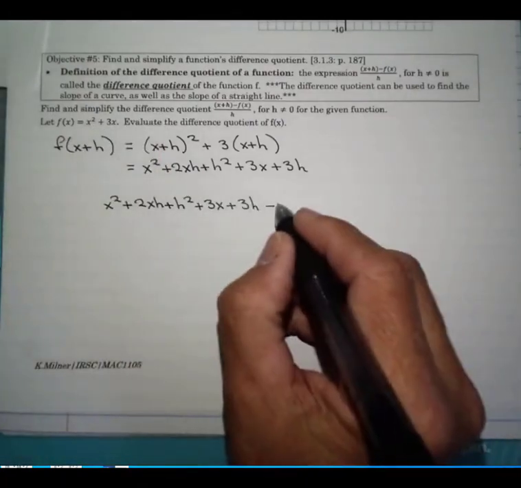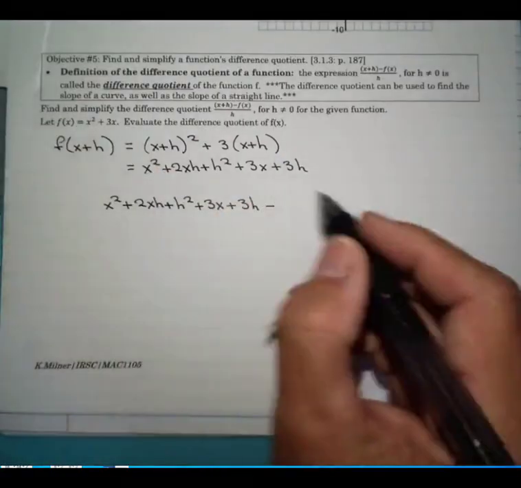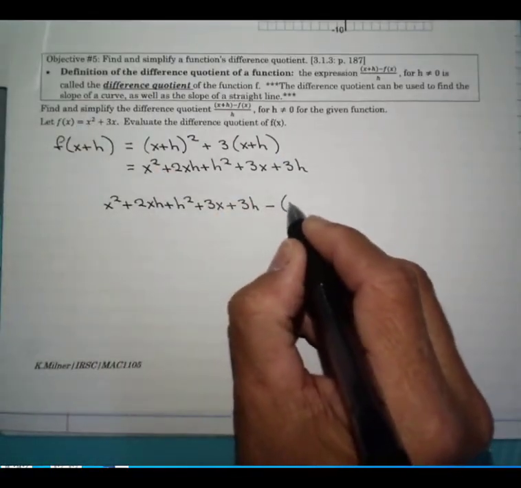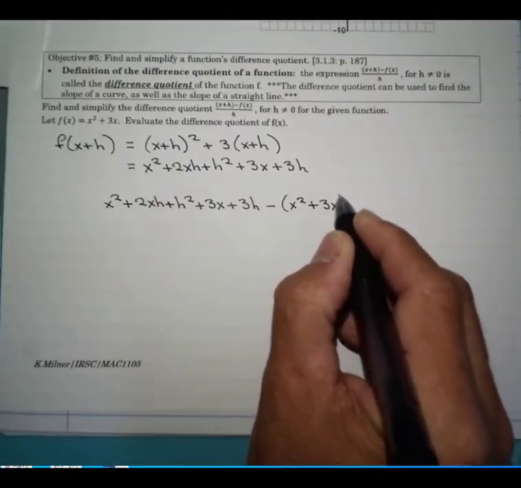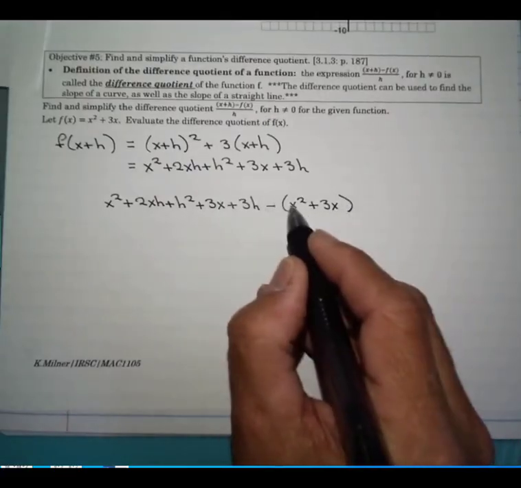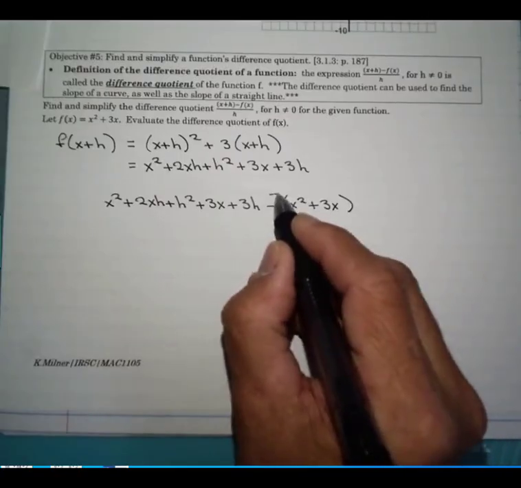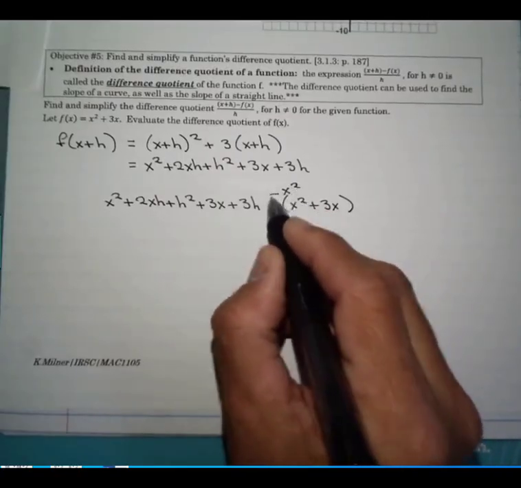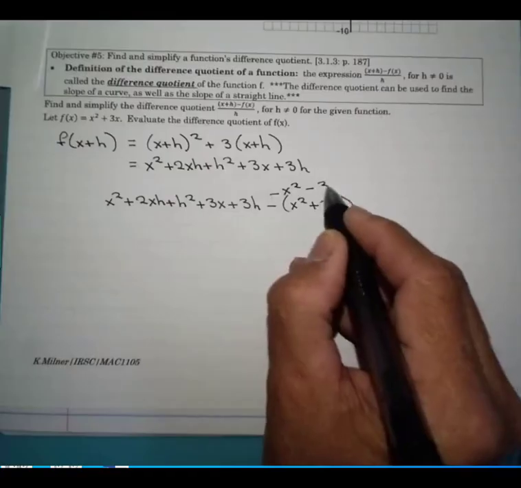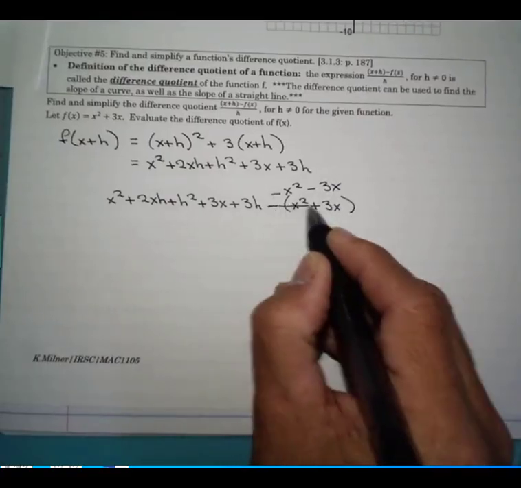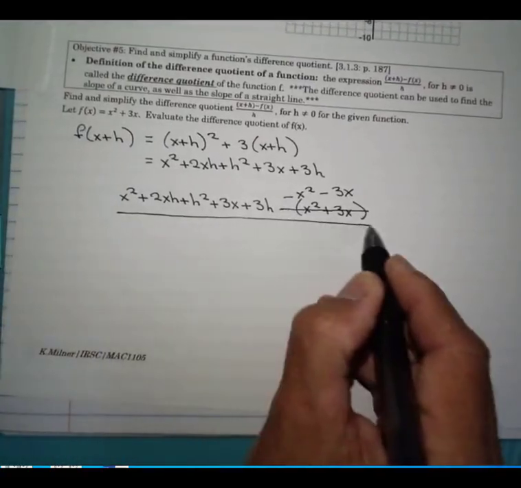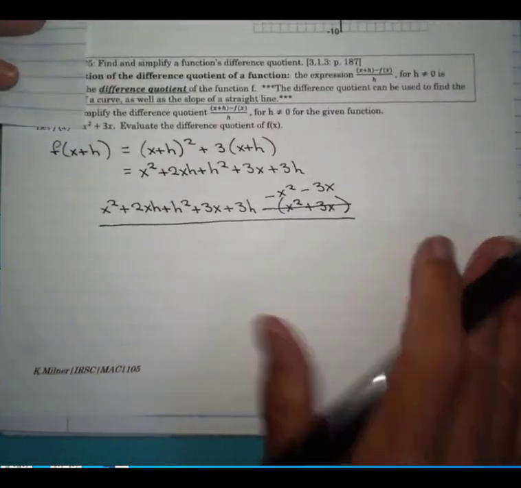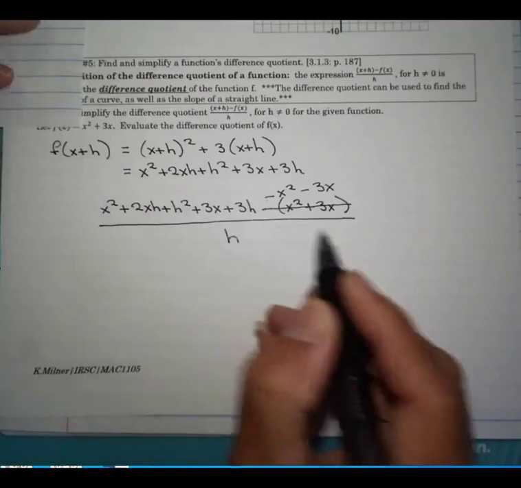Well, if I subtract them, I'm going to have to turn both of those terms negative. Or you put it in parentheses and do that in a future step. So I'm going to distribute the negative now, and I'll say negative times x squared is a negative x squared. Negative times 3x is minus 3x. I'm going to draw a line through this to show that I've replaced it with those two terms. And then next thing I do is say I'll have to divide all of this by h.